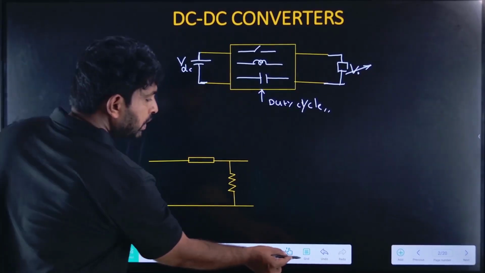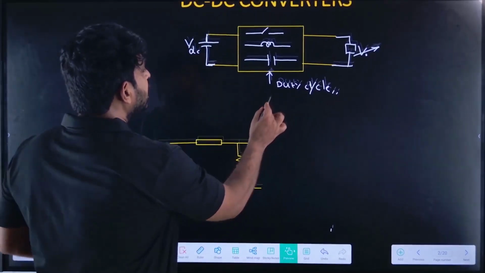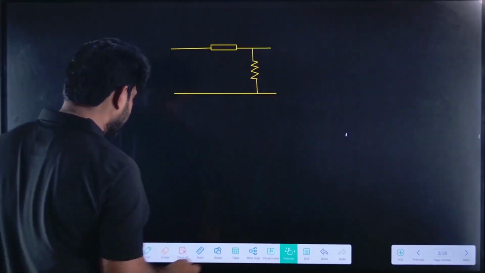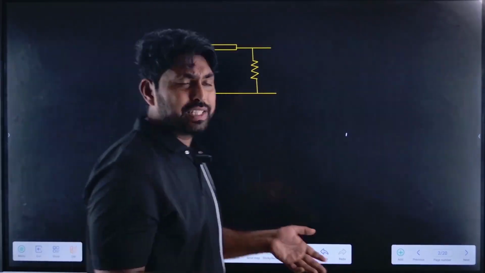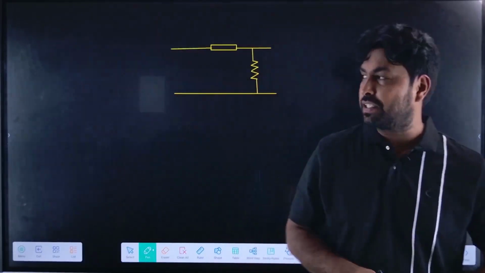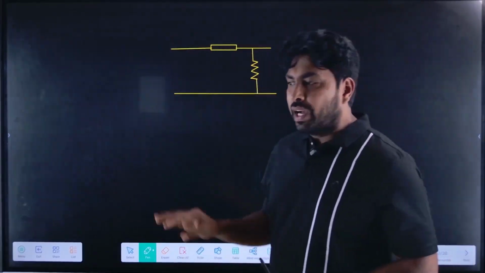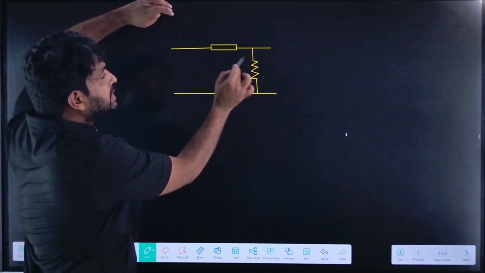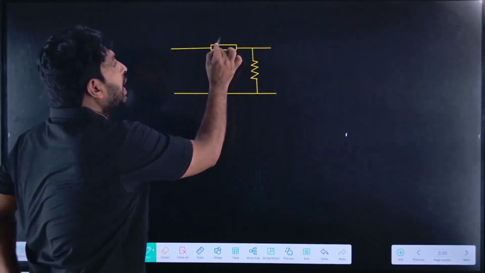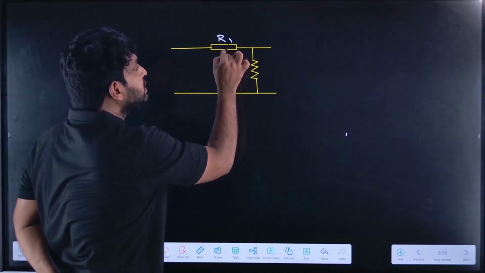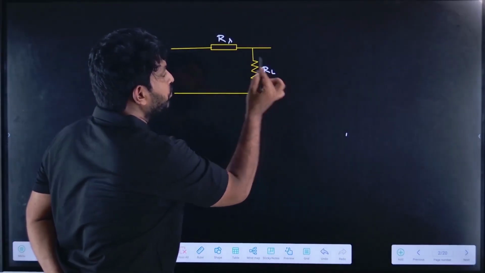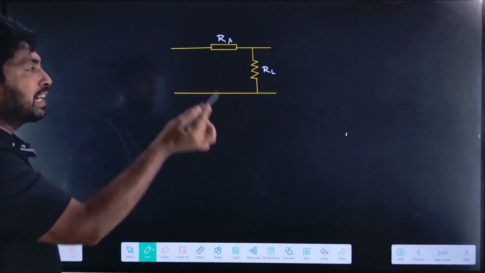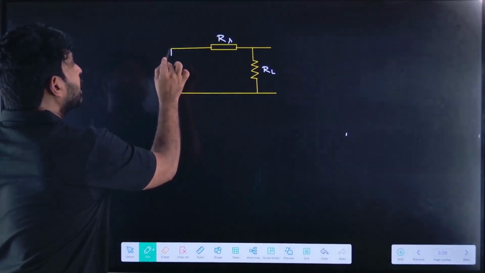So here let us take a basic DC to DC converter, without the power electronic switches, inductance and capacitor. For example, I took this circuit, which is a series R circuit. Two resistors are there, let me call them RS and RL, and they are connected in series.